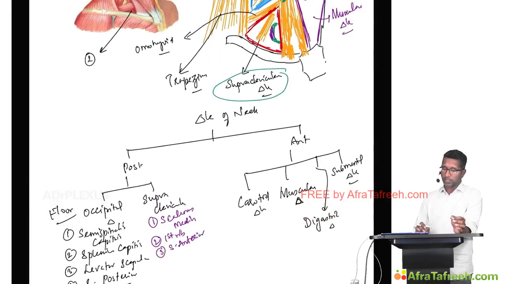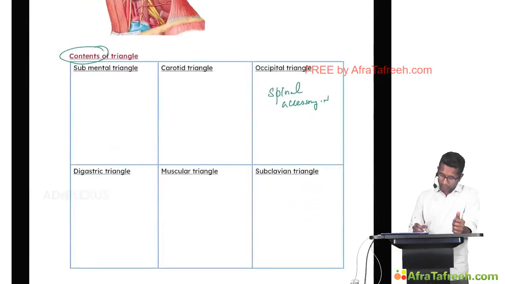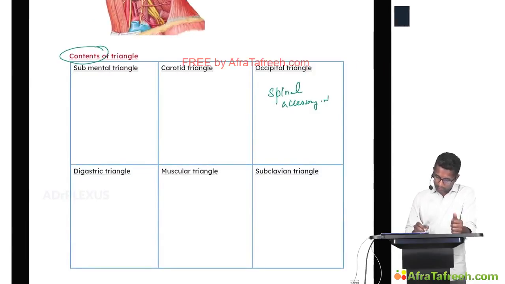A lot of important structures run through the supraclavicular triangle. This is the triangle which they have wrongly marked here, I'll just try to change it.